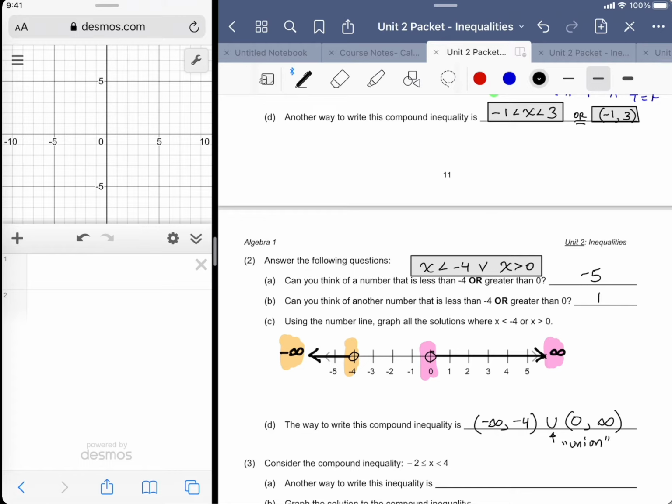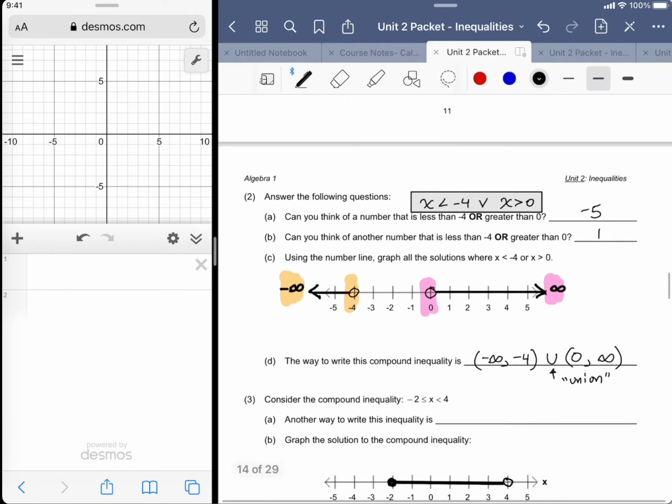That union is saying that when I write the -infinity to -4 and then follow that up with a 0 to infinity, I'm not saying that these are two separate answers to two separate questions. I'm saying they combine to give me one answer to this question. So it's more math notation, but honestly, if you start thinking about this whole course as the course where you learn about the notation to set you up for success in the future, you wouldn't be wrong about that. All right.